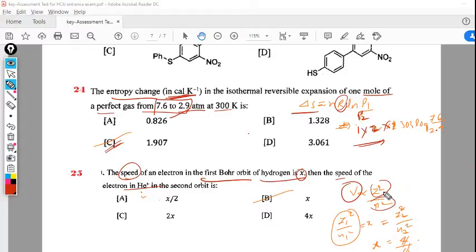If it is hydrogen, n1 will be 1 and Z1 will be 1. For n2, second orbit, it will be 2 and Z2 will be the atomic number of helium.